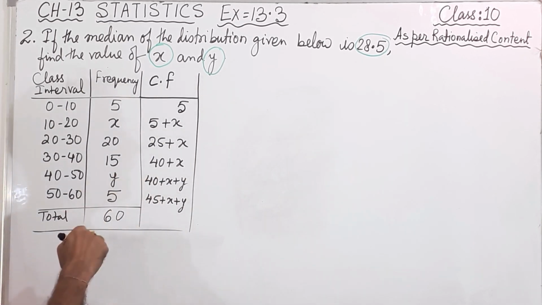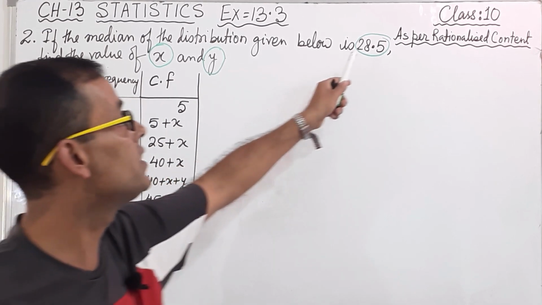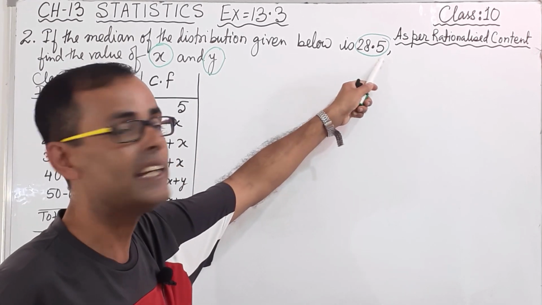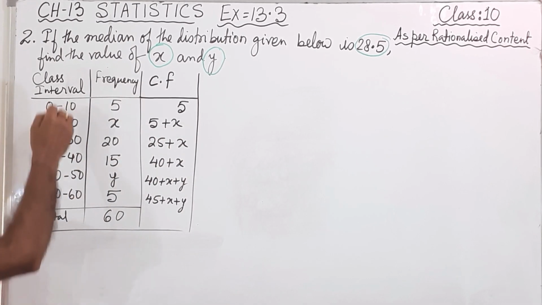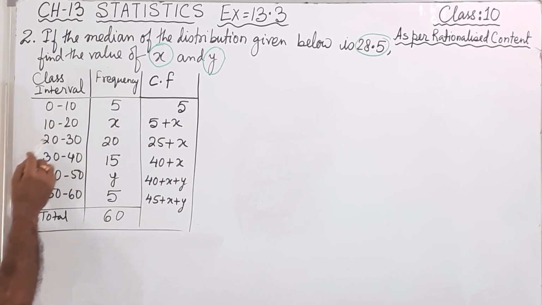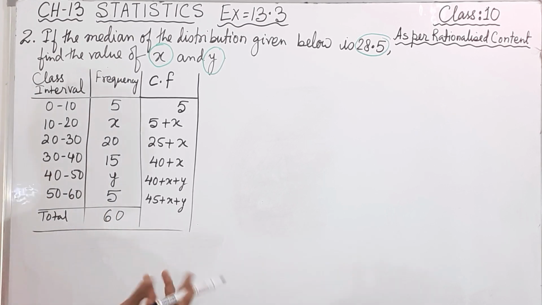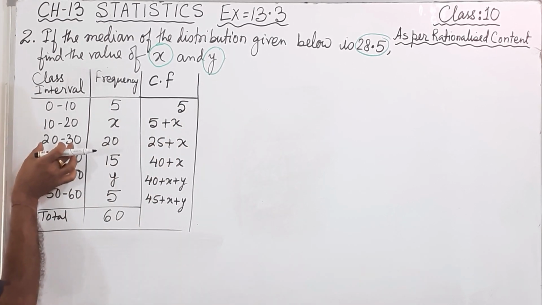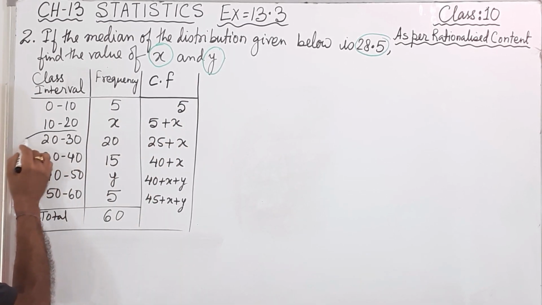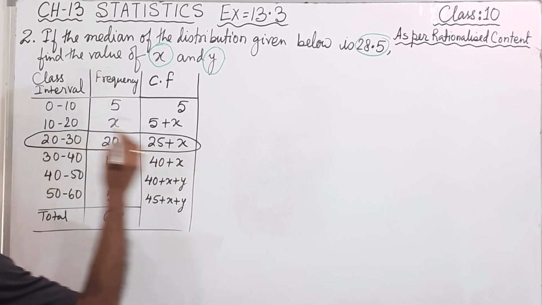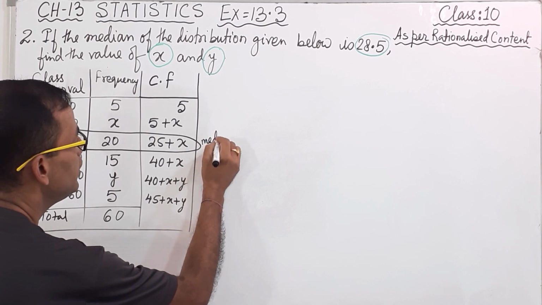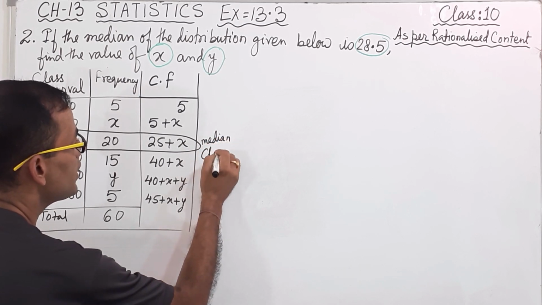So how will I find out the median class? I have to see the median. Median is 28.5. So 28.5 is lying between which one? 0 to 10, 10 to 20, 20 to 30, 30 to 40, which one? So 28.5 will be in between 20 to 30. So this only will be the median class. Clear?